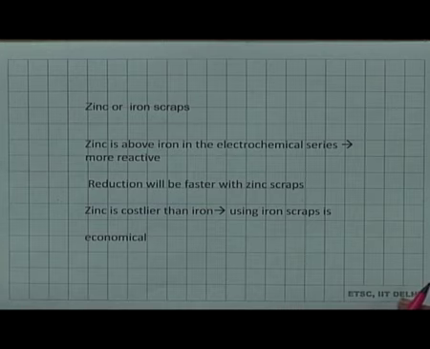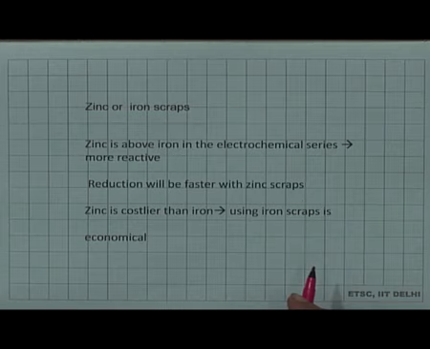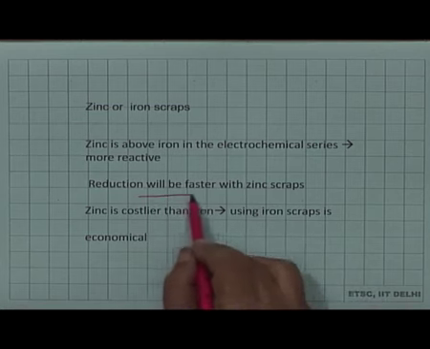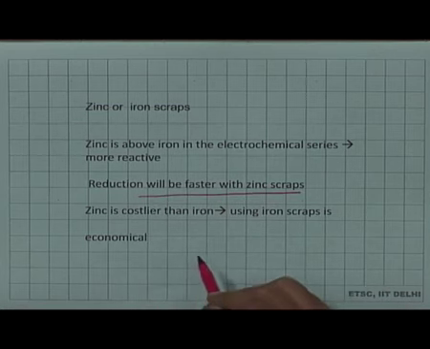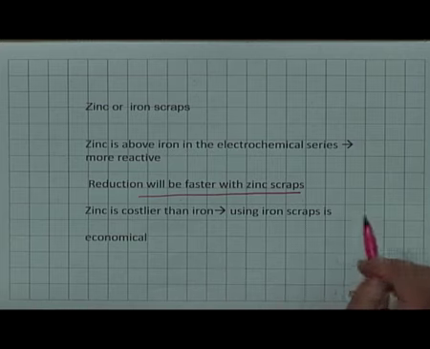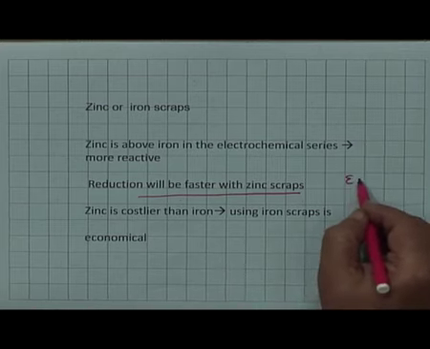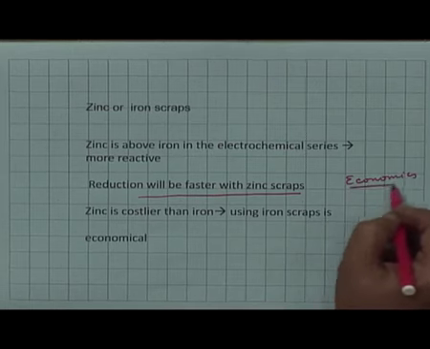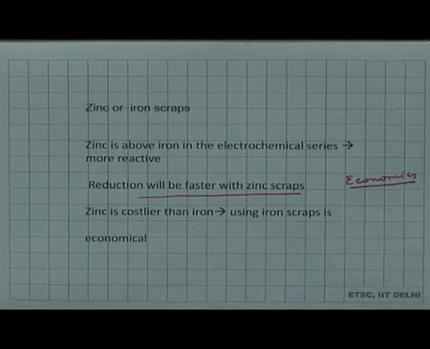Zinc is another metal which is above copper and can be used for reduction of copper ions from a solution into copper metal. If the reduction is carried out with zinc, the reduction is also faster, but here the economics decides which metal has to be used.